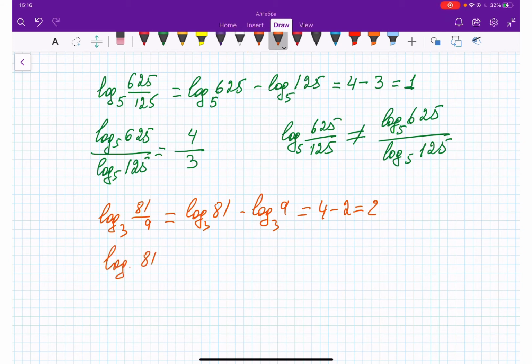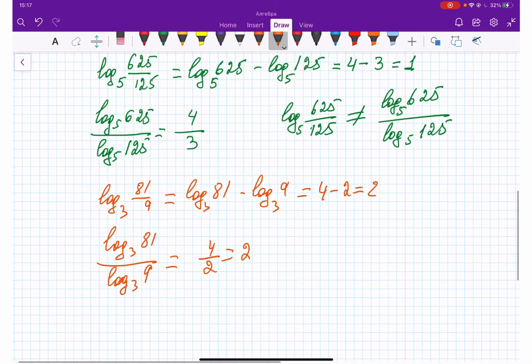Log 81 by base 3 divided by log 9 by base 3 is equal to 4 divided by 2. Now this is just a coincidence. It just happened that 4 minus 2 is 2 and 4 divided by 2 is 2. That's all.